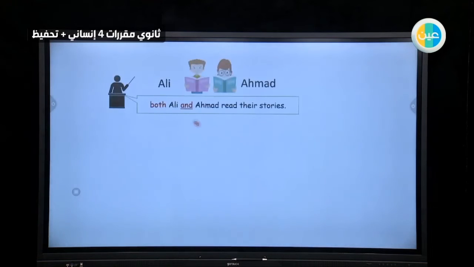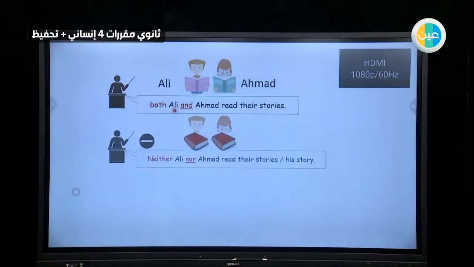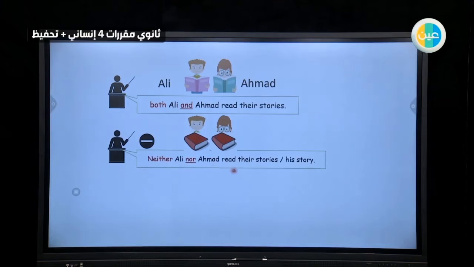Look here, for example, this is Ali and this is Ahmed. Both Ali and Ahmed read their stories. So we have here both and, and here links the two words or phrases together. Neither Ali nor Ahmed read their stories.